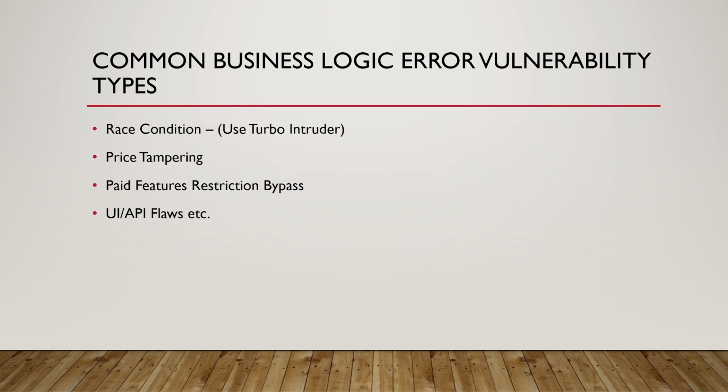But if this vulnerability persists on that functionality and I am able to apply 100 such coupons on that item, then the total discount will be 100 times 10, which is 1,000, and the price of the item is 1,000, which means I have to pay nothing to purchase that item. We will discuss more about this vulnerability, like different test cases. It's not just on coupons but also many other places as well.